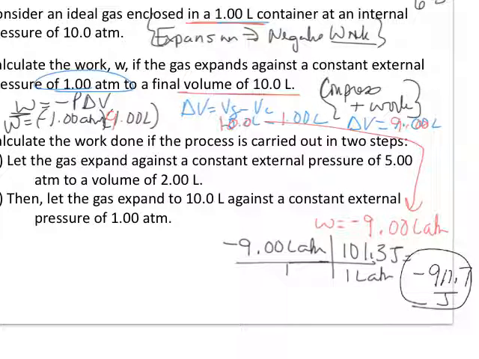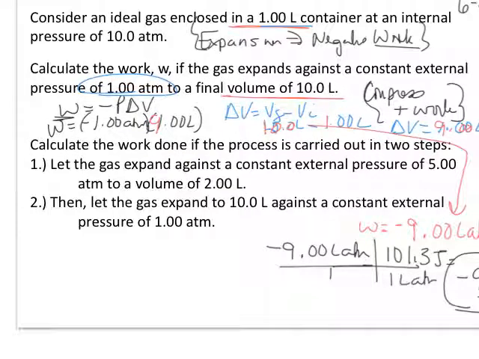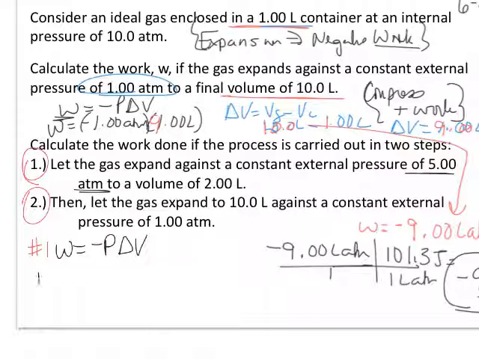Now, if we do the same, we're going to move the volume change, 9 liters, and break it up into 2 steps. So we'll call this step 1 and then step 2. In step 1, you're using the same formula, work equals negative P delta V, but you've got an external pressure now of 5 atmospheres, so work equals negative 5.00 atmospheres.